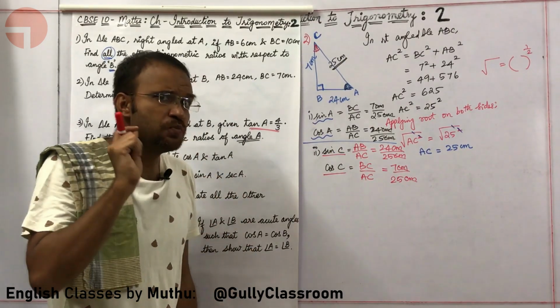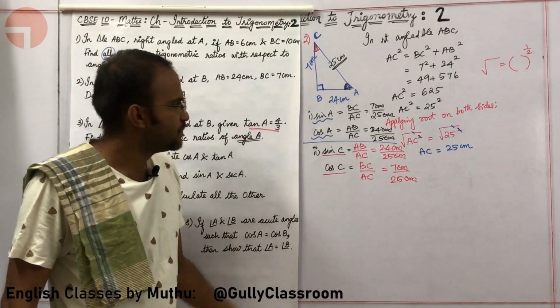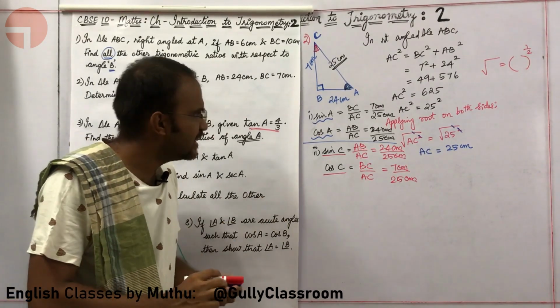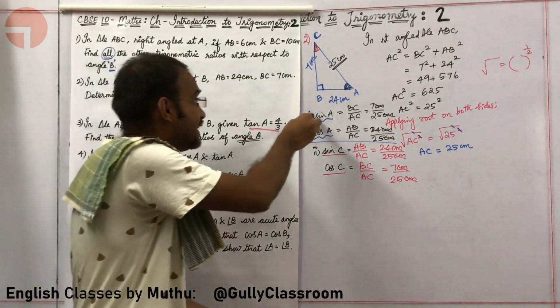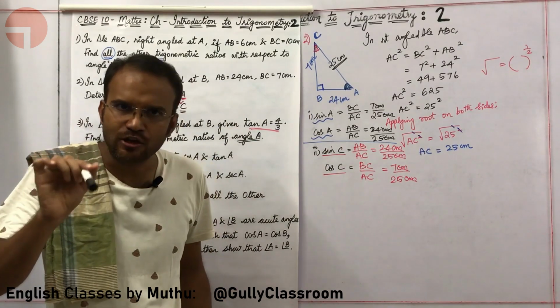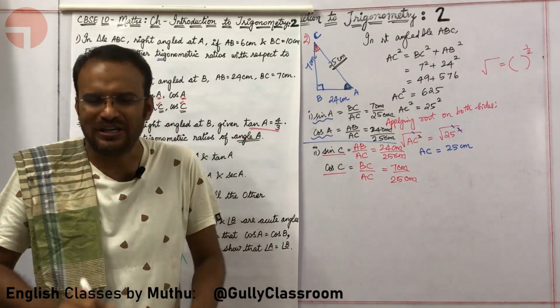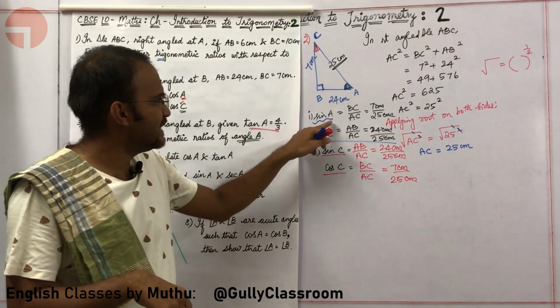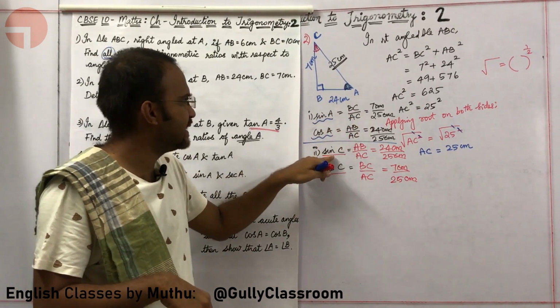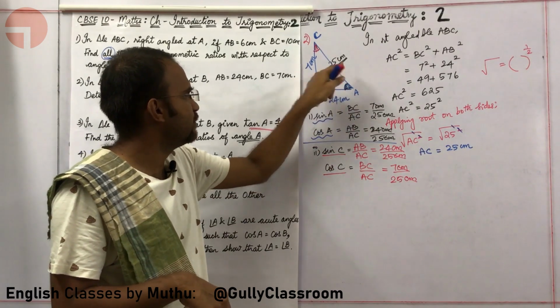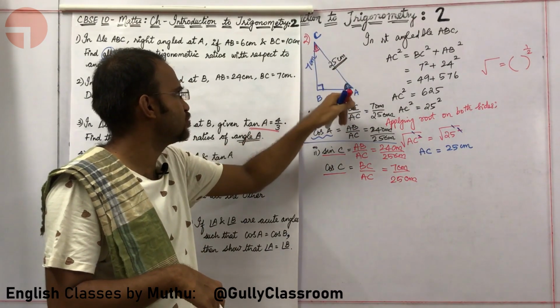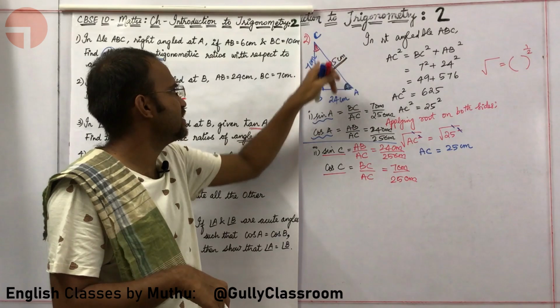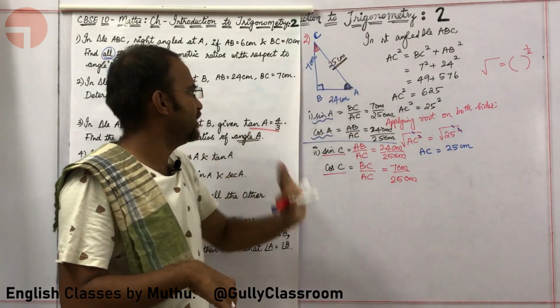The most important thing to notice is, if I am changing the angle with respect to which the trigonometric ratio is calculated, we are getting different values. Sin A is 7 by 25, but sin C is 24 divided by 25.